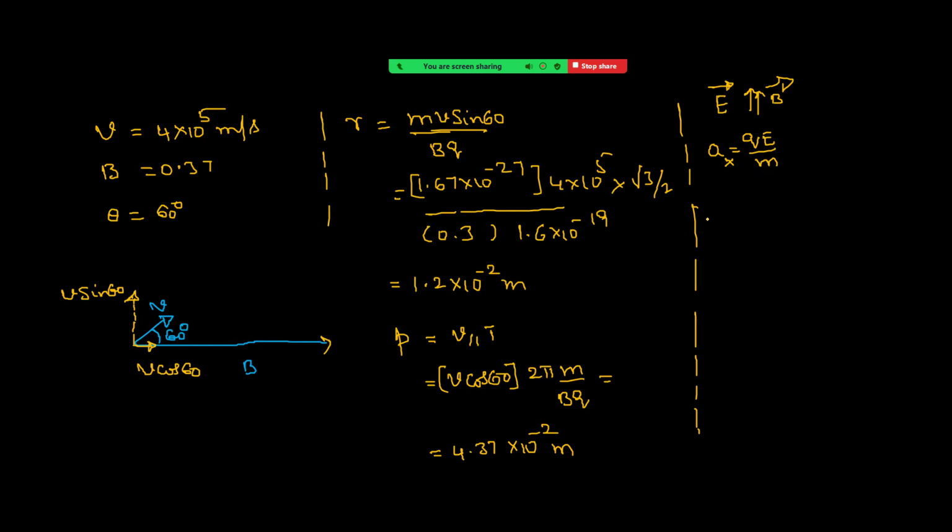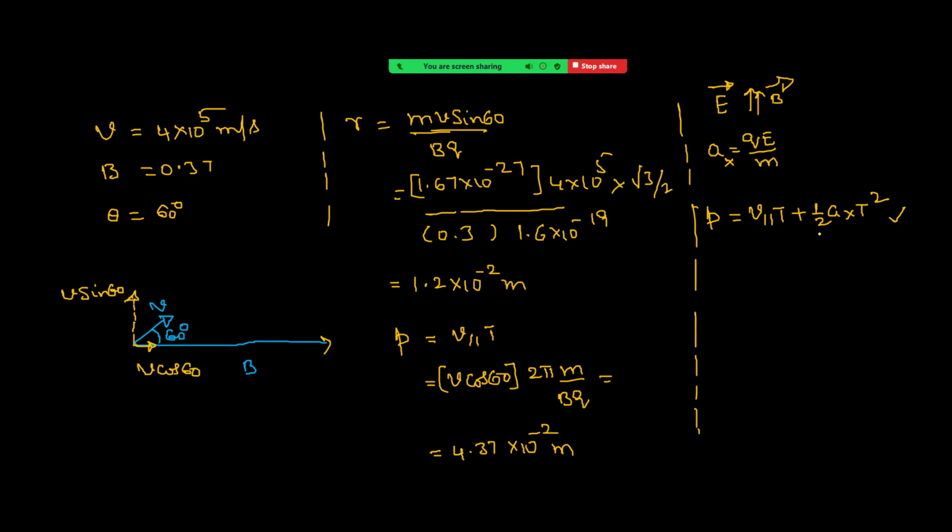Then pitch will be V parallel into T plus half AX T square. Means writing S equal to UT plus half AT square.